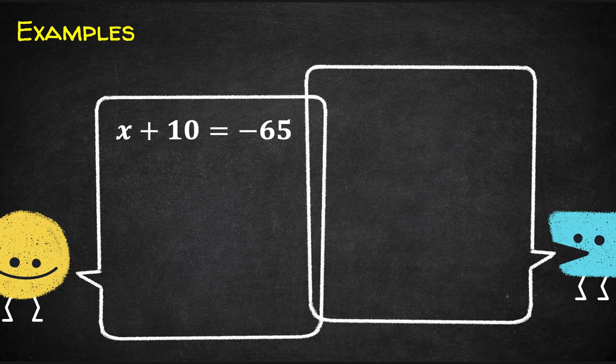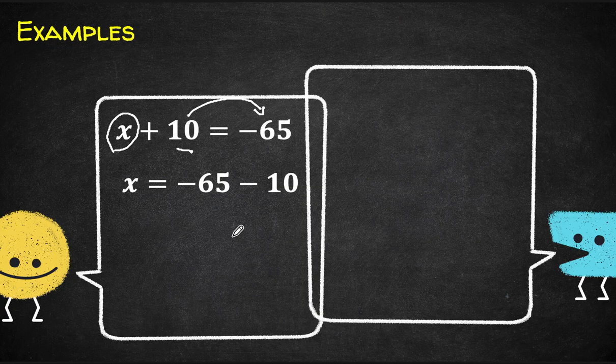Do remember that every time we transpose a number or expression to the other side of the equation, we change the sign. Here, we just need the value of x, so our goal is to remove this 10. We simply transpose 10 to the other side. This positive 10 will become negative 10. So that will be negative 65 minus 10.